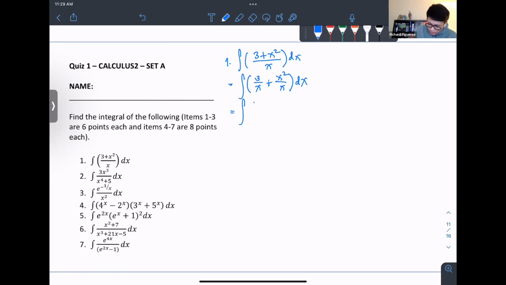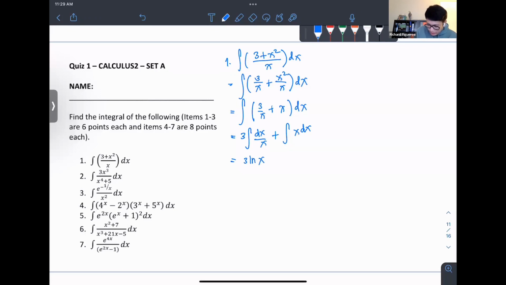Then I'll have 3 all over x, and x squared all over x is just x dx. I could move out 3 and have the integral of dx over x, plus the integral of x dx. dx over x is ln x.